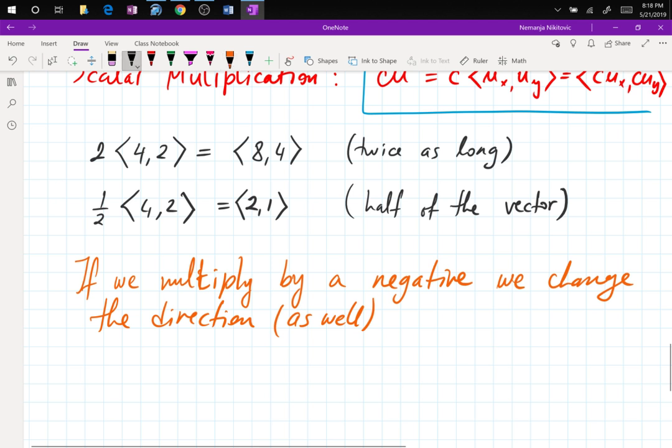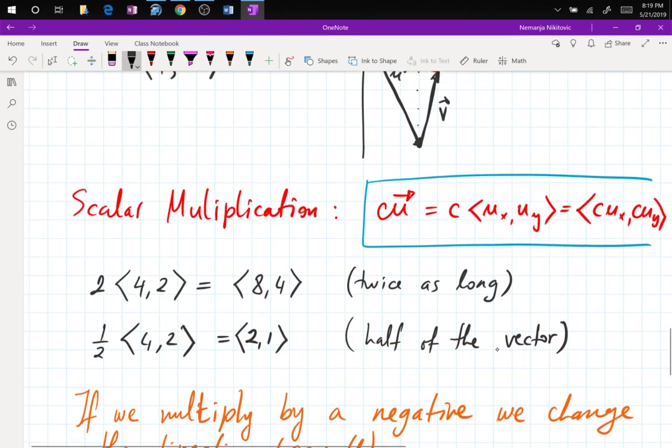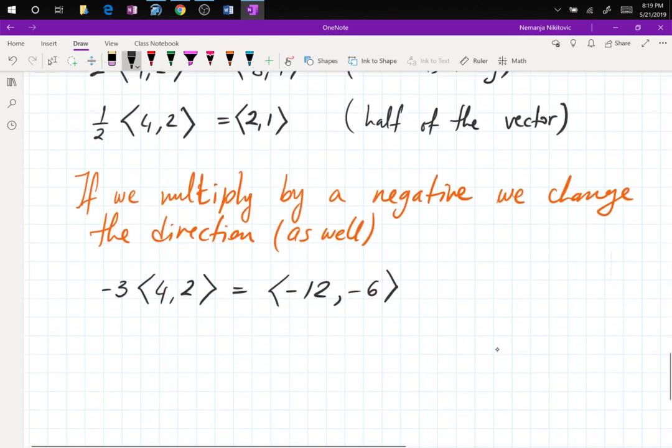So if I have a negative, let's say -3 on a vector 4, 2, it becomes -12, -6. So in this case, the direction is different, it's going opposite, and the vector is 3 times longer. So I hope that all of this so far is common sense.